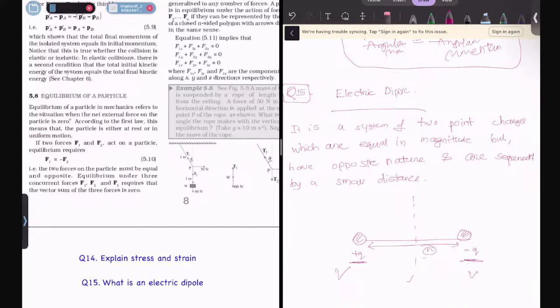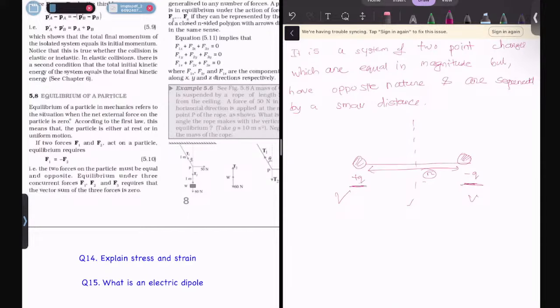So why is it defined? Why do you need to understand about electric dipole? And what is the formula to calculate it? What is electric dipole moment? What is the formula? It is the multiplication of the magnitude of one charge and the distance between the charges.